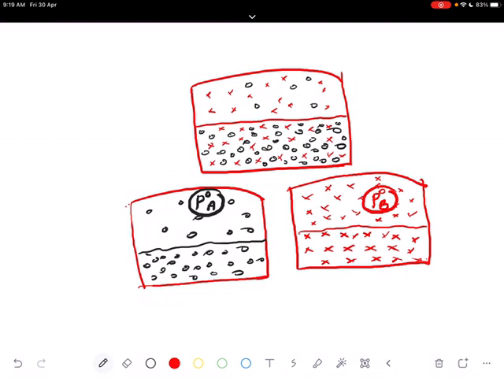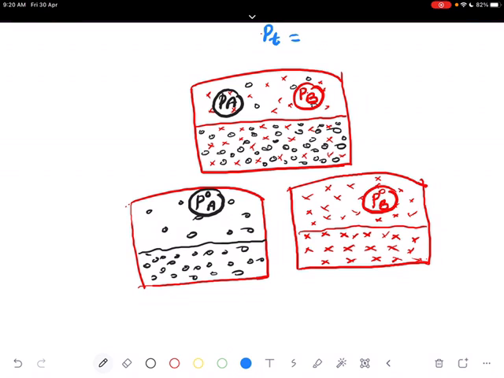But in the mixture, that is on the top, we have PA and PB. That is the vapor pressure of each component in the mixture. We know that PA plus PB is equal to P total.